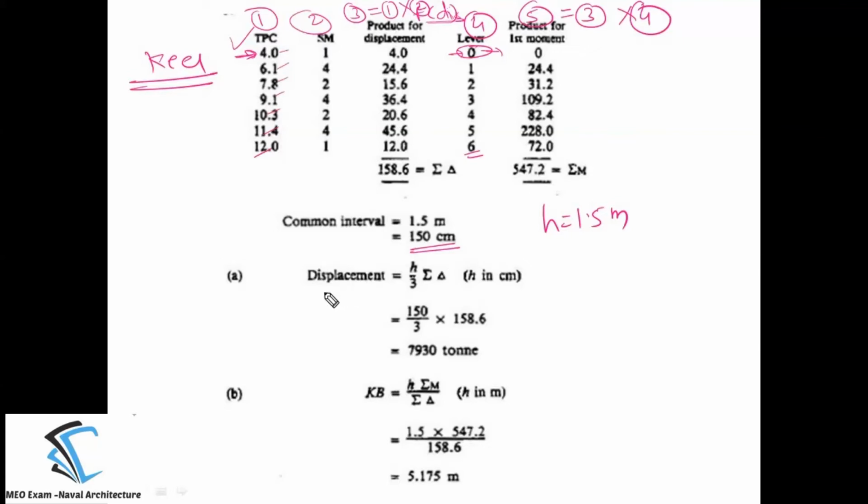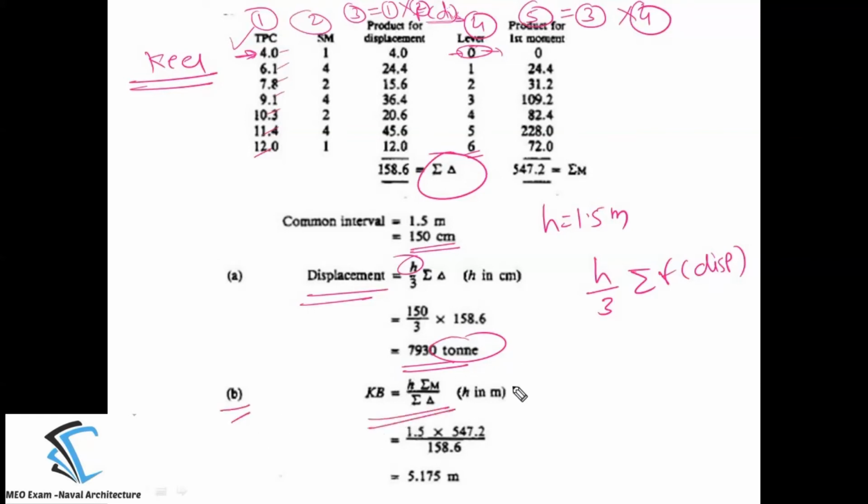Then the sub question A is finding the displacement. The formula for that is h by 3 into summation of function of displacement. H should be in centimeter. Then you will get this displacement directly in tons. The sub question B was finding the value of KB.